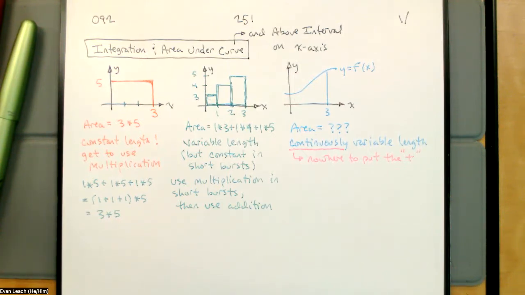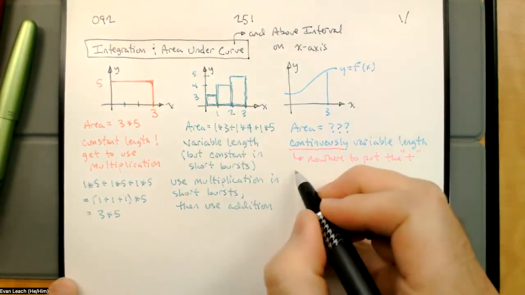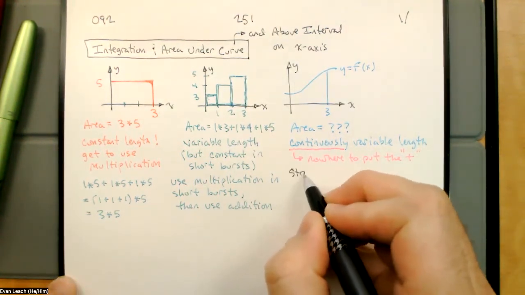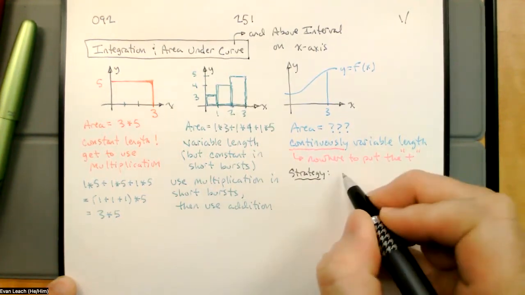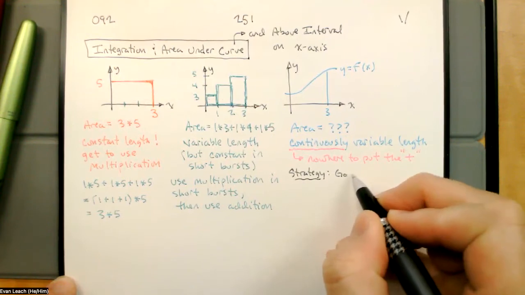So what we're going to do is we're going to use the previous case. And here's how it's going to work. We're going to assume that the length is constant in short bursts. We're going to go back to the previous case. That's our strategy.